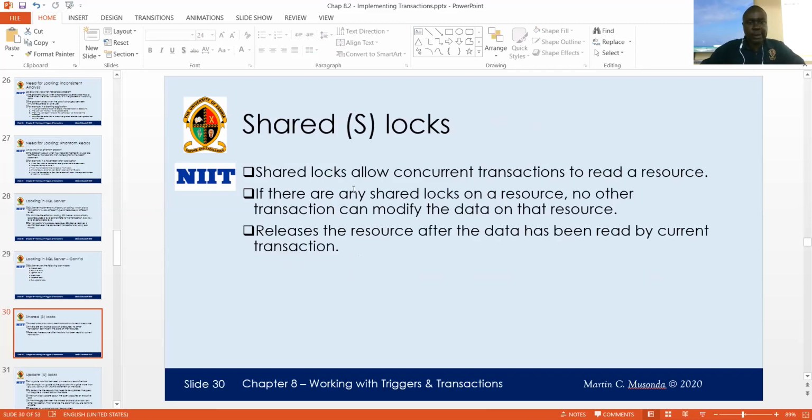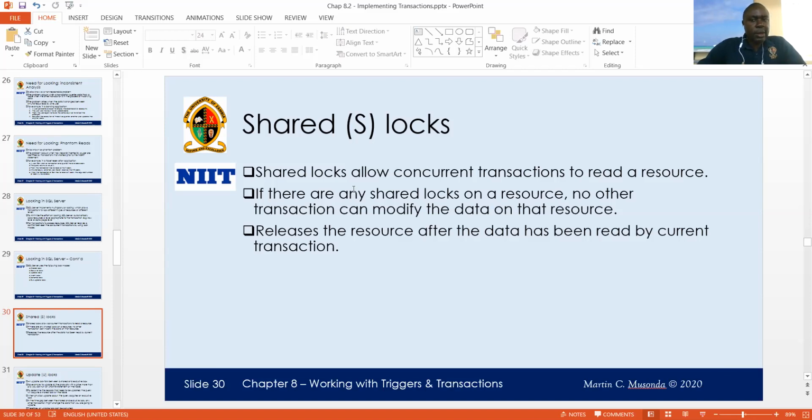The first one, shared locks. Shared locks allow concurrent transactions to read a resource. If there are any shared locks on a resource, no other transaction can modify the data on that resource. The shared lock releases the resource after the data has been read by the current transaction.